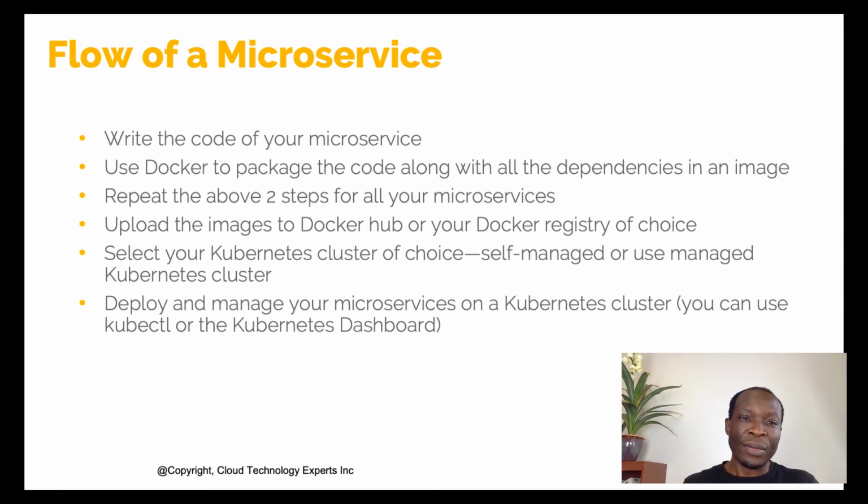So, when you use the two together, they are very powerful in this modern day architecture called a microservice application. A microservice application comprises a suite of loosely coupled applications. Each one of these applications is called a microservice.